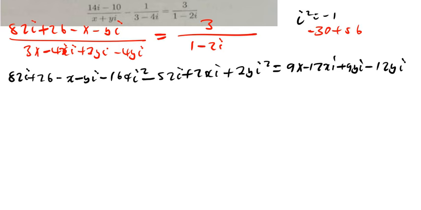That's what you should know, because i squared is negative 1. Negative and this negative is going to be positive, meaning that this guy and this guy, they can add up. So it's going to be 26 plus 164, which is 190.